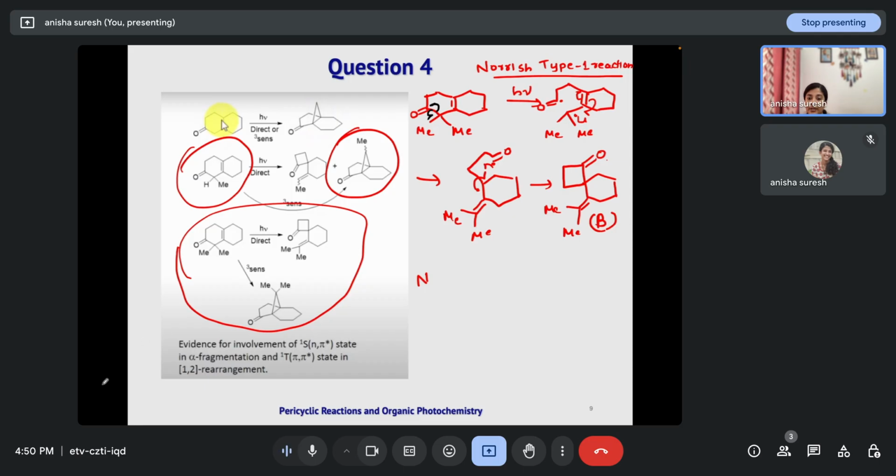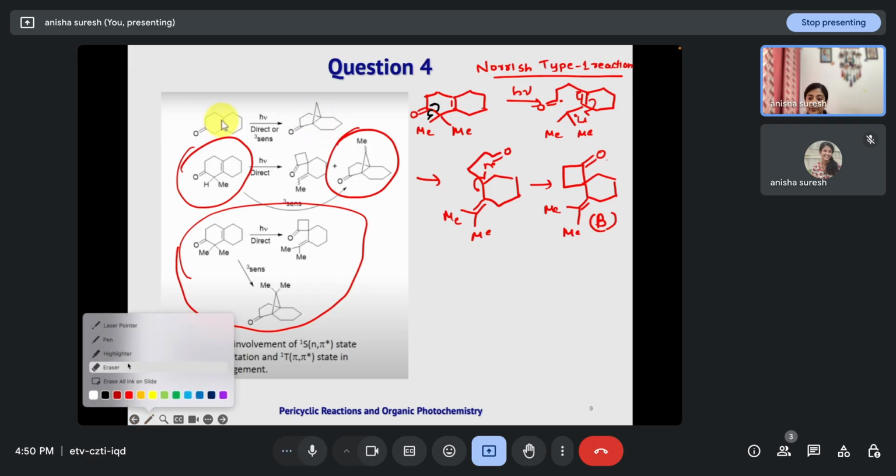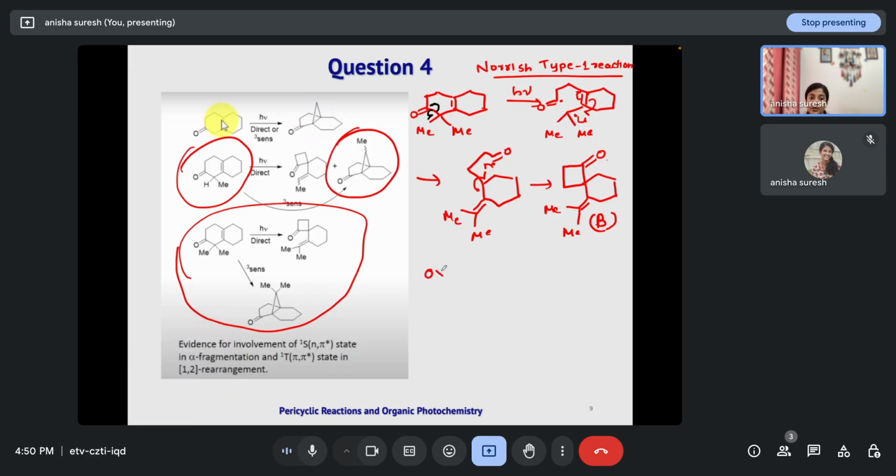Now coming to this product, how it is forming: it is undergoing an oxadipymethane rearrangement. So how is it taking place? Under hv and triplet sensitizer, this carbonyl oxygen will get excited, leading to formation of an O radical and a carbon radical.